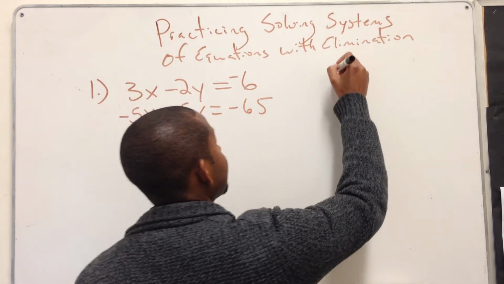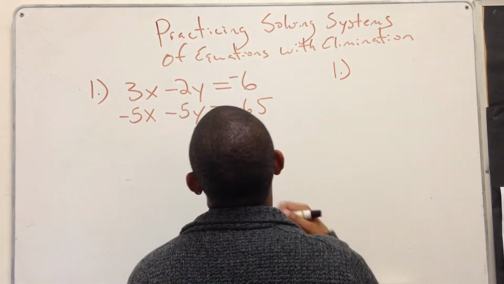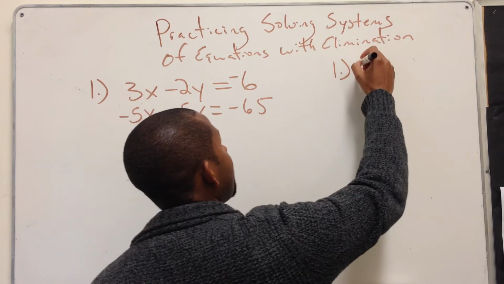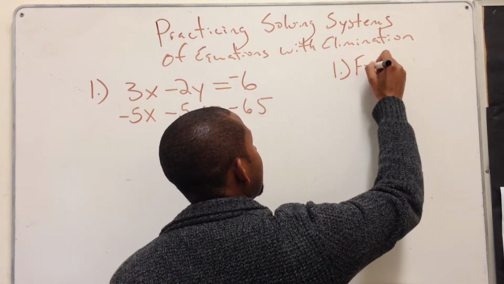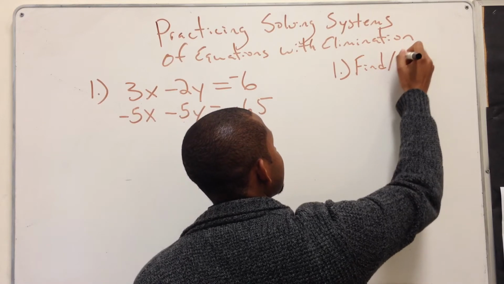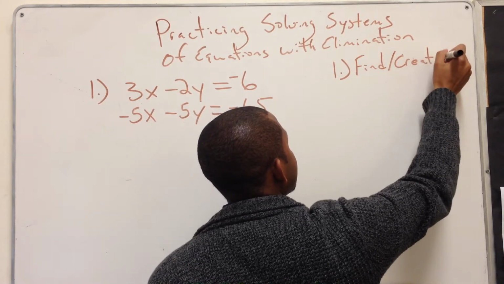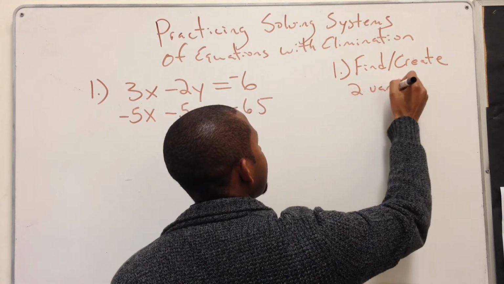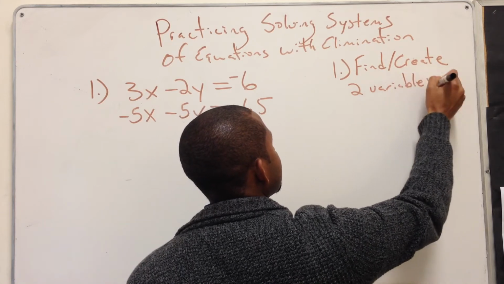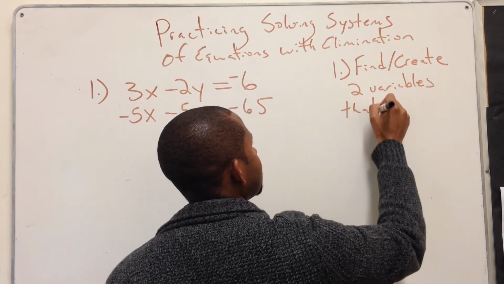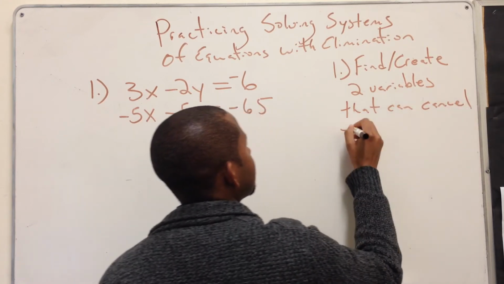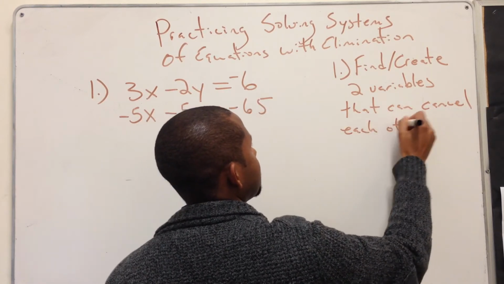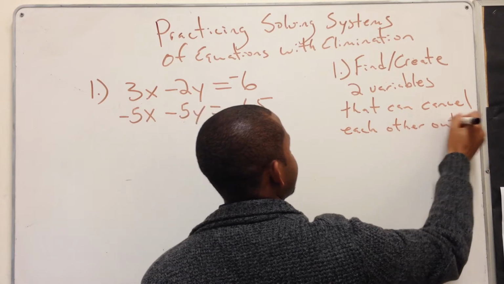Remember, basic steps are, first you need to find or create two variables that can cancel each other out.